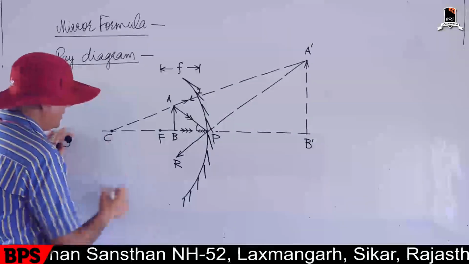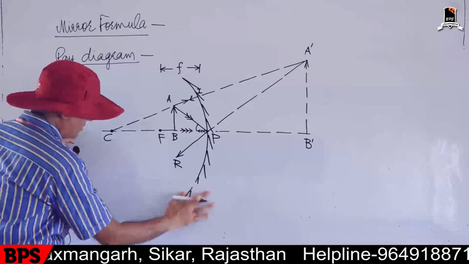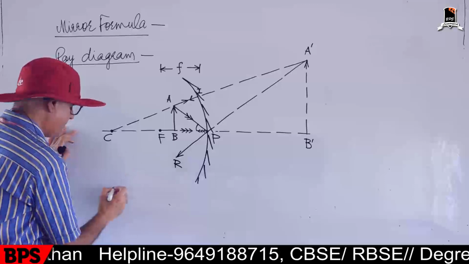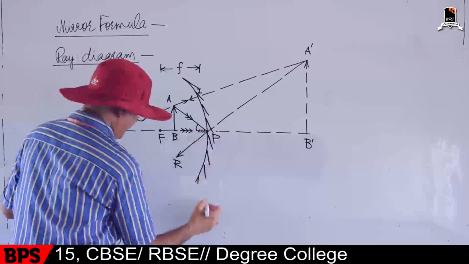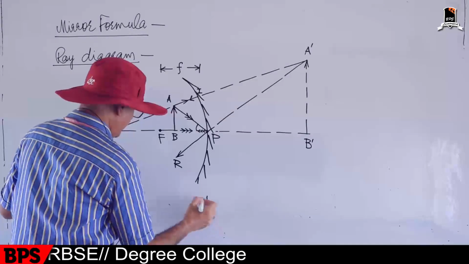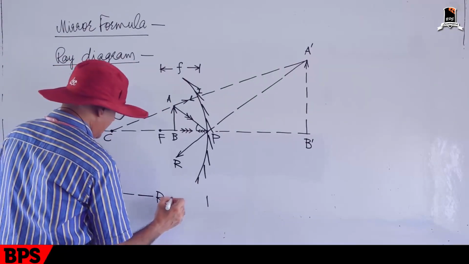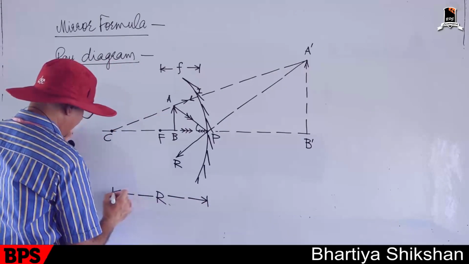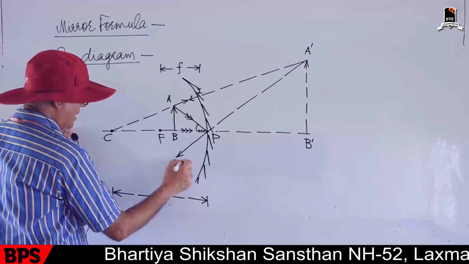This distance C to P is the radius of curvature R. Since we are taking this R as the radius of curvature, call this R dash.